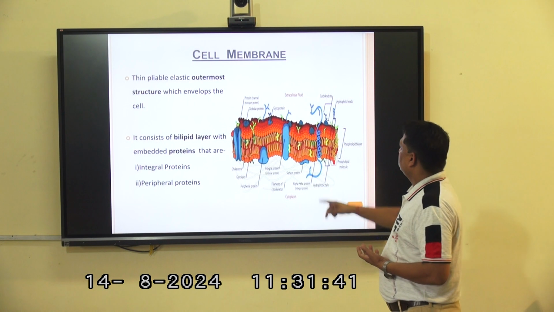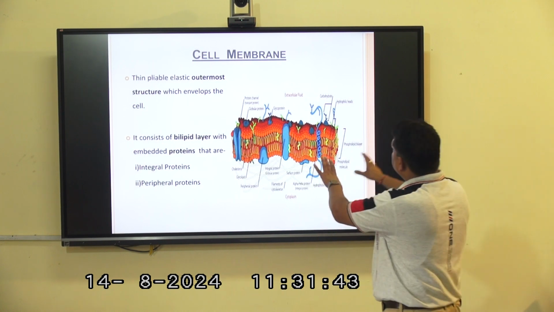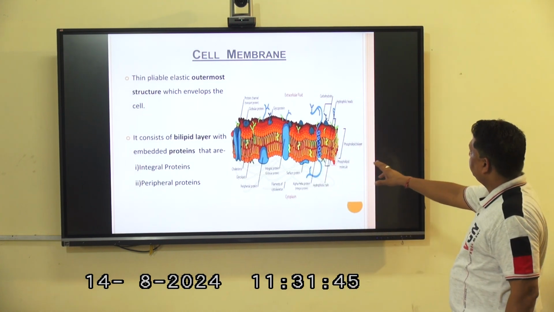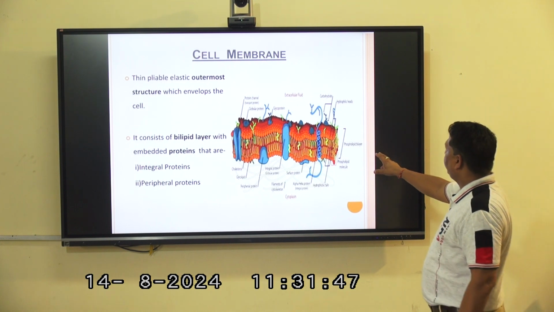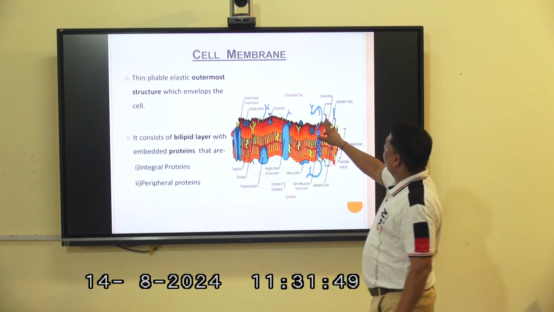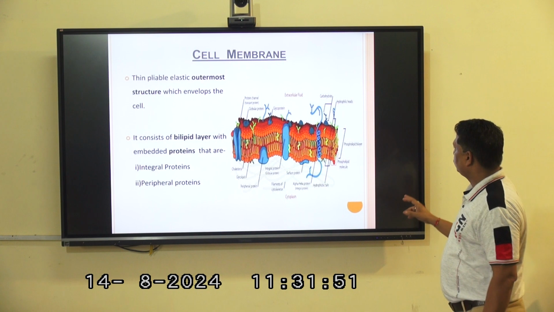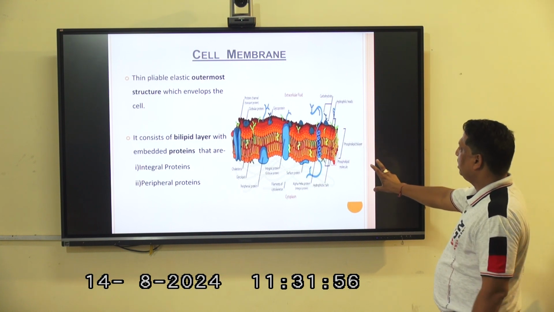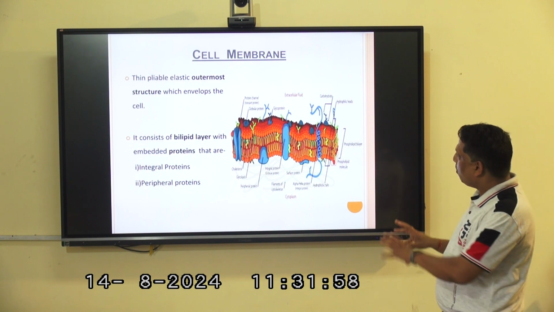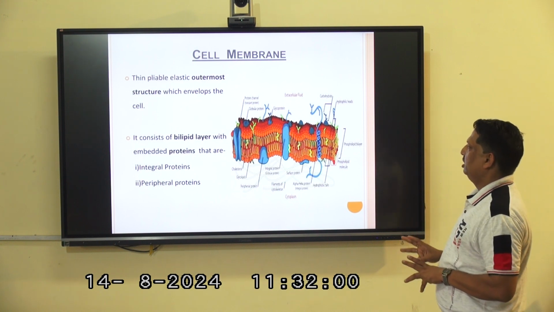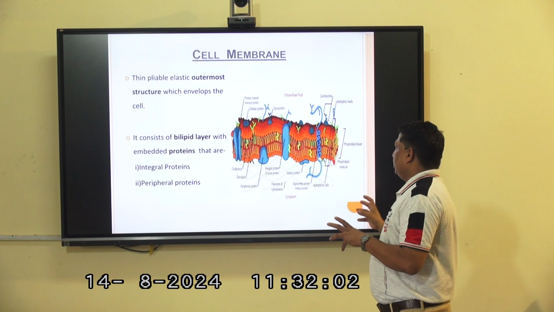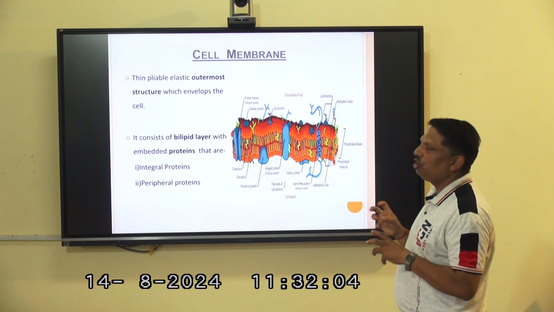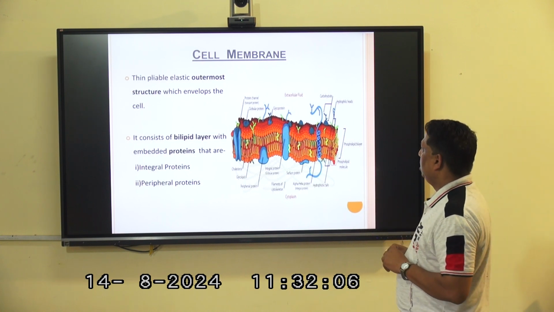And this diagram is also indicating the assembly, the variable part, carbohydrates, glycoproteins, phospholipids, and surface proteins, indicating that it has a very complex symmetry that depends upon the functional role of the plasma membrane.